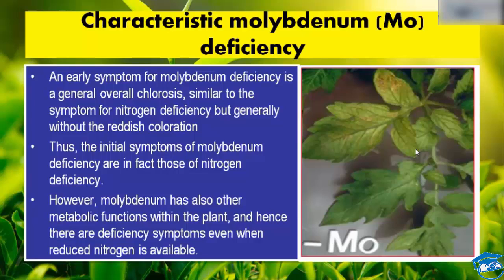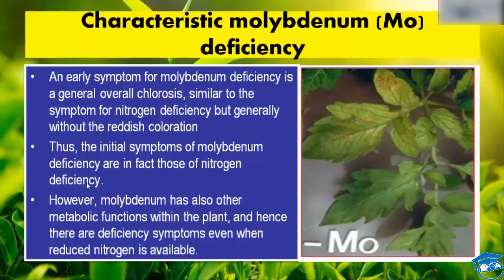In nitrogen deficiency we have seen that along with the chlorosis, reddish coloration in the petiole is seen. But here in molybdenum, only chlorosis, entire chlorosis of a leaf takes place, but not reddish coloration of the petiole. Thus, the initial symptoms of molybdenum deficiency are in fact those of nitrogen deficiency, you can say. But the initial symptoms, not the later symptoms.